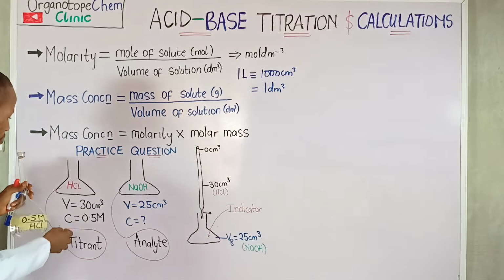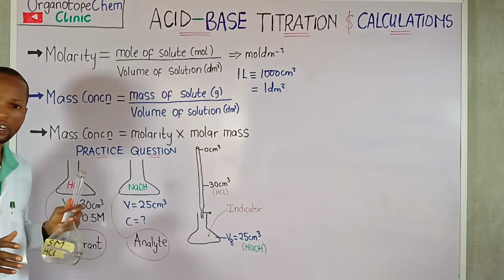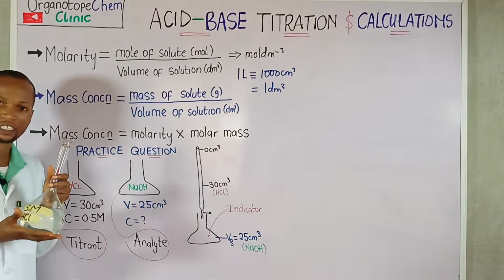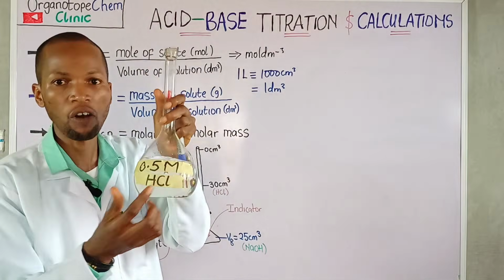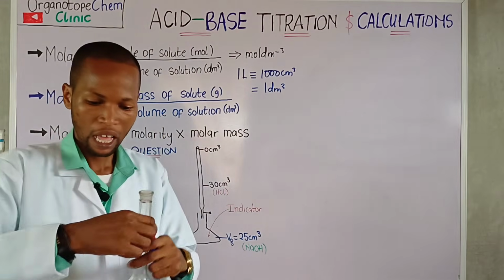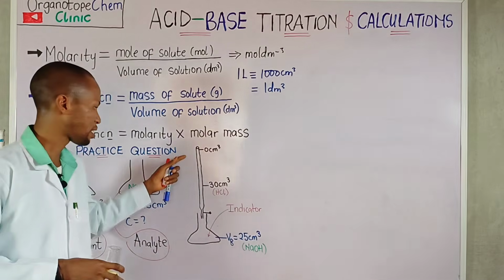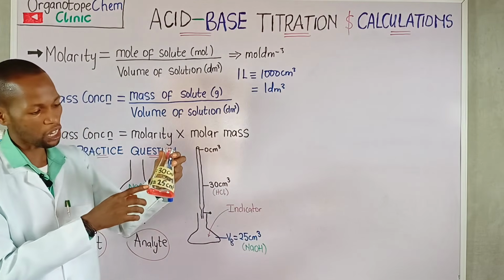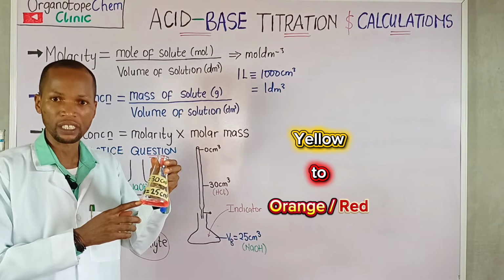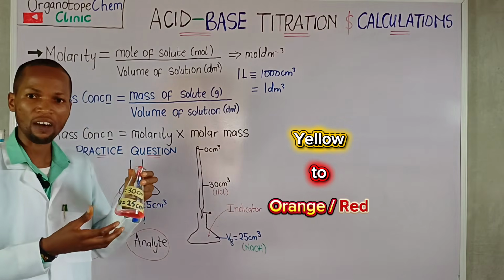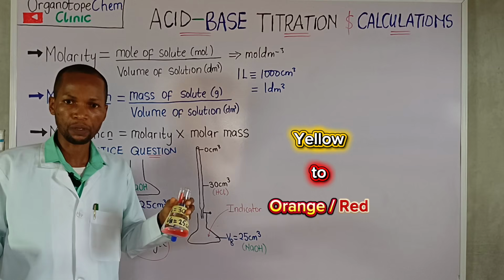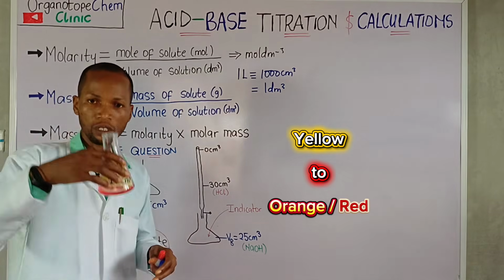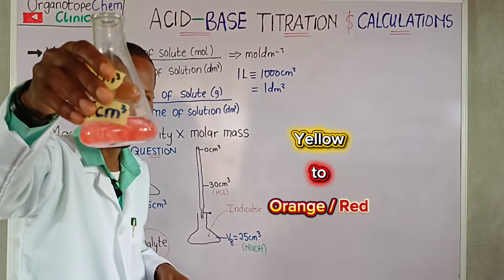The 0.5 molar hydrochloric acid was prepared using the standard volumetric flask. After titrating the acid against base, we have the color change as orange. In some cases you can have red depending on the condition of the solution prepared, but right here I'm having orange coloration.